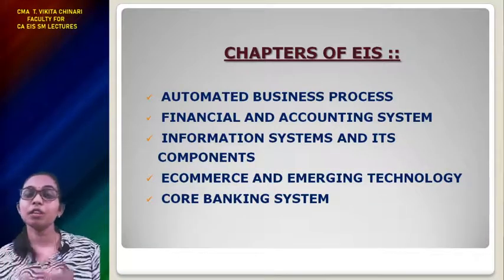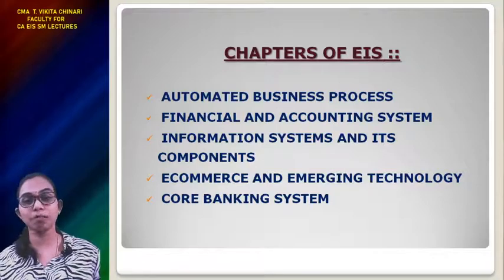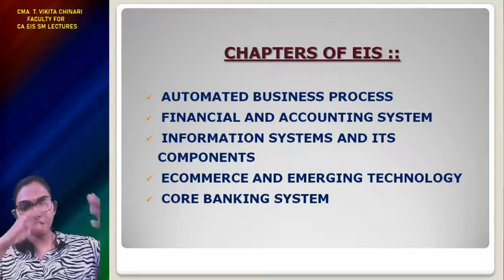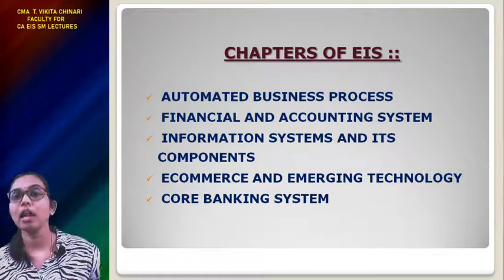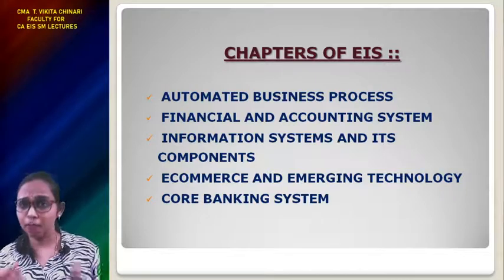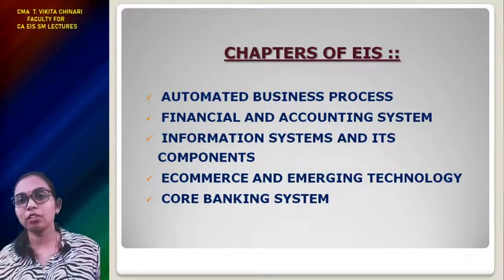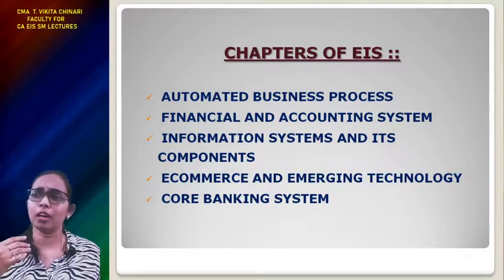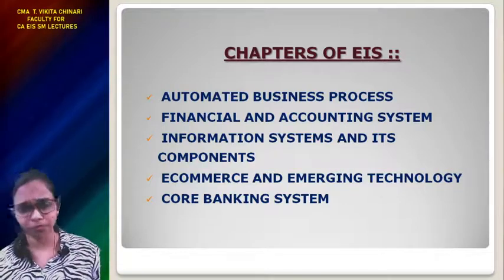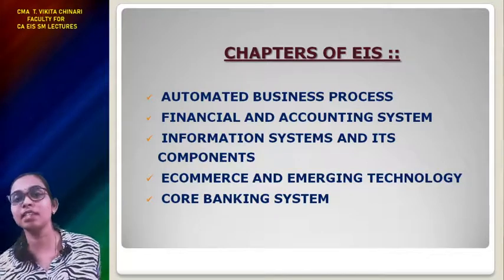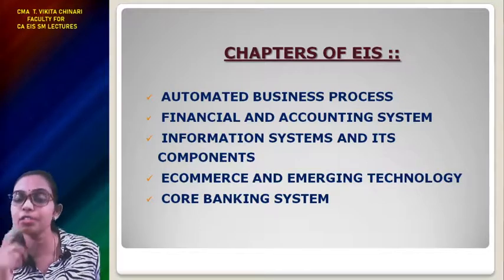Then comes the third chapter, information systems and its components. In this chapter, you have to manage things in a computer, a laptop, a desktop, a tablet, a MacBook, an Android phone or a Windows phone. These are all part of an information system.